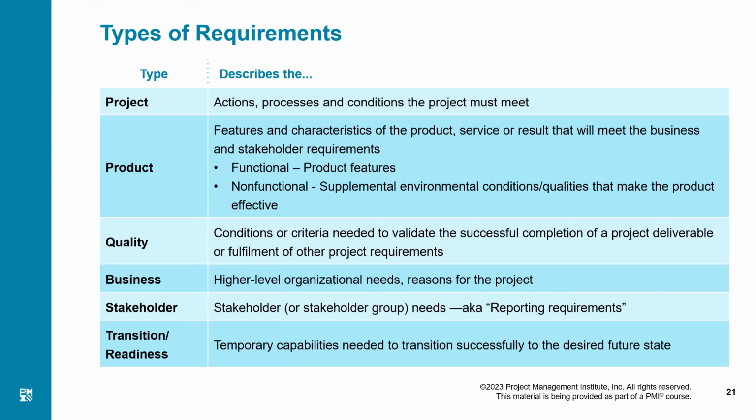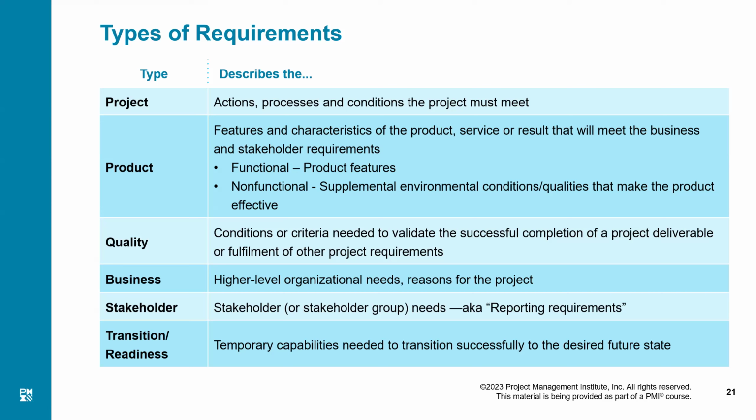So that training and smooth transitioning to the customer would be included in the transition and readiness requirements. But remember, all the requirements we established upfront, we are not talking about the work of the product as such. We are talking about what all should be there, right?